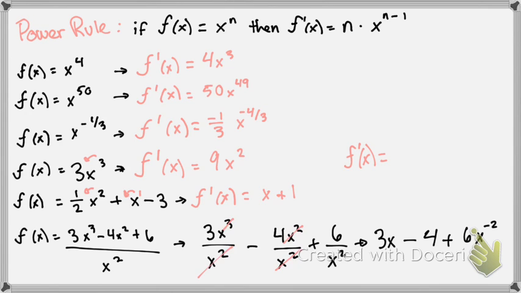So the derivative is going to be 3, because we have this exponent here, times x to the 0, which is just 1, minus, well, since this is just a constant, there's no x value, we're going to leave that off, and then we're going to go plus the derivative of this, which would just be negative 2 times 6, so minus 12, x to the negative 3, because we're subtracting this value, right?